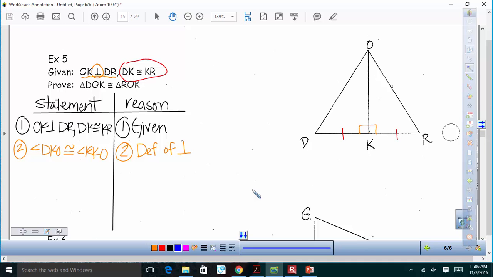So, does anybody have an idea of what may be applied? Yes? Very good. OK is shared in both triangles, which means it's congruent to itself. So OK would be congruent to KO by the reflexive property.